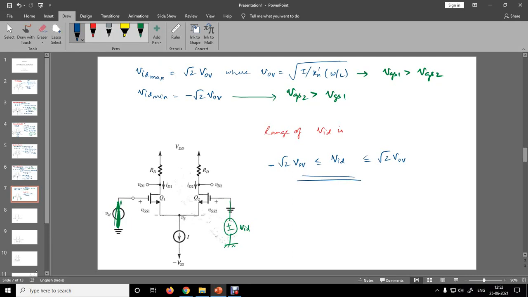So your VID should lie between minus root 2 into VOV and root 2 into VOV. If it is minus root 2 into VOV, all the current will flow through Q2. If it is root 2 into VOV, all the current will flow through Q1. So you should make sure that whatever differential voltage is applied to your differential amplifier should lie between these two values. Right, understood?